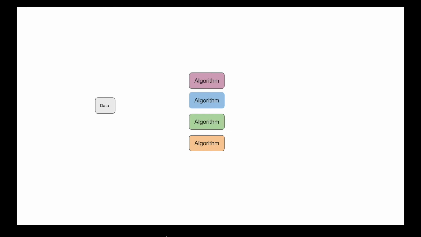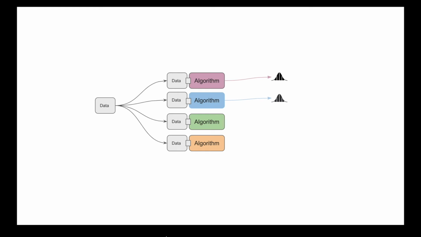We take the exact data set and create multiple copies of it so that each individual algorithm can work on the full data set and solve the problem in its own way. Finally, the predictions or results are generated individually by each algorithm depending on its own processing.